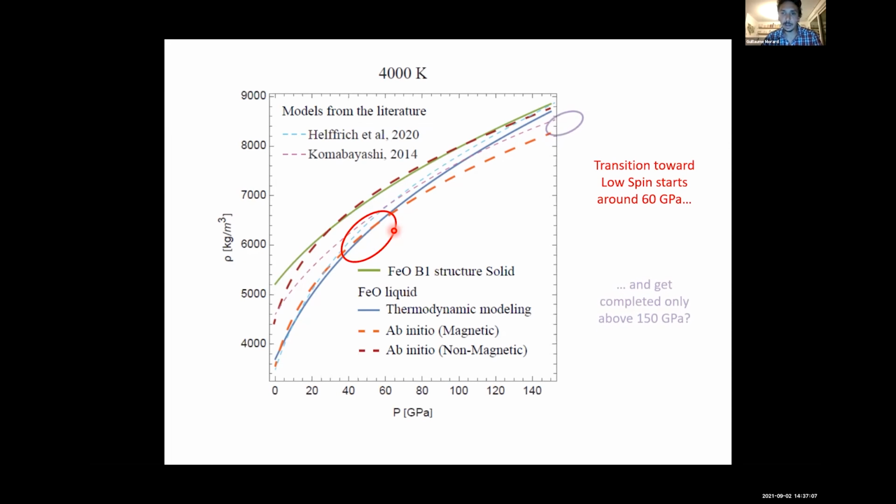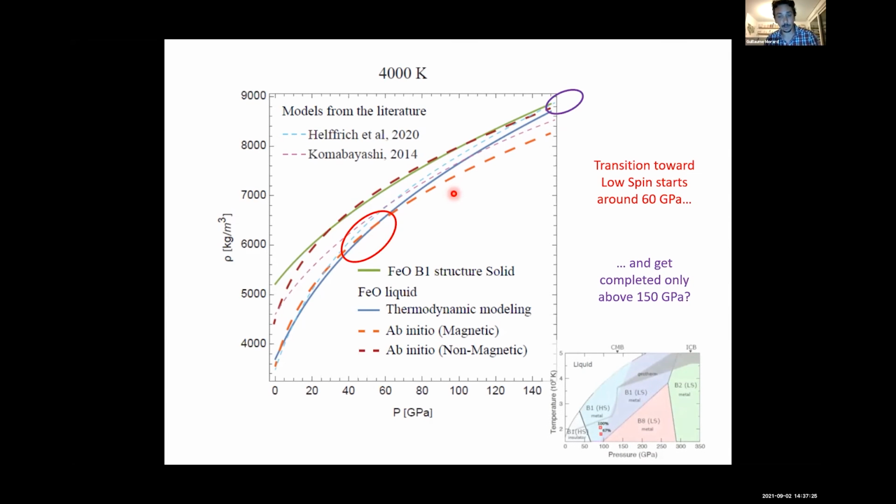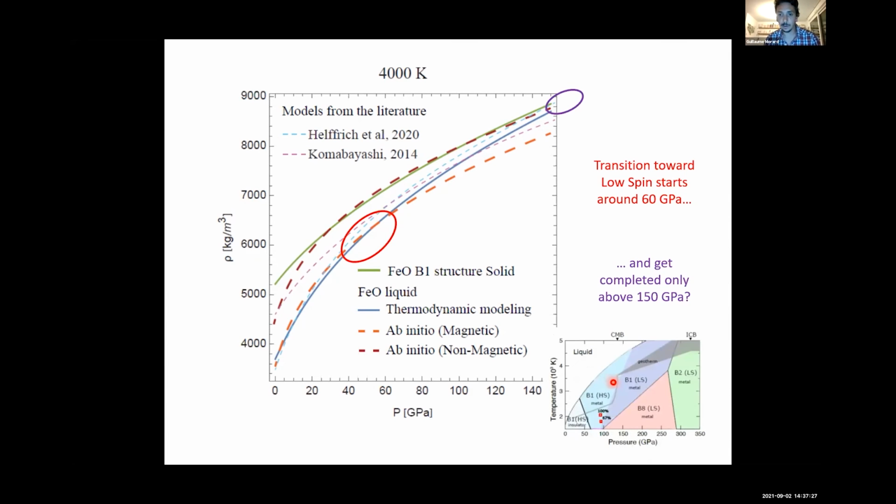And it could be completed around 150 GPa, and you have this whole part of the liquid state that is in this intermediate spin, so changing the spin state in this pressure range. And when you compare with this completely independent work by Eran, even if he is co-author on our paper, you see that it corresponds pretty well with this field of the high spin metallic B1 state here.